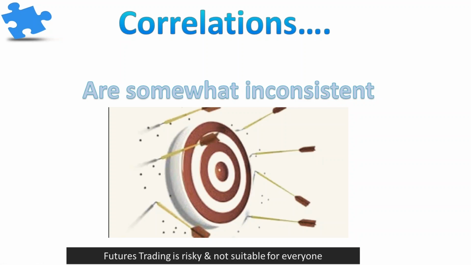Okay, so correlations, if one thing correlations are, is they are inconsistent. And there are two types of inconsistency when it comes to looking at correlations. There's a long-term inconsistency. If we'd looked back 10 years ago, it was quite normal to see an inverse relationship between the stock indices and the interest rates playing out intraday.